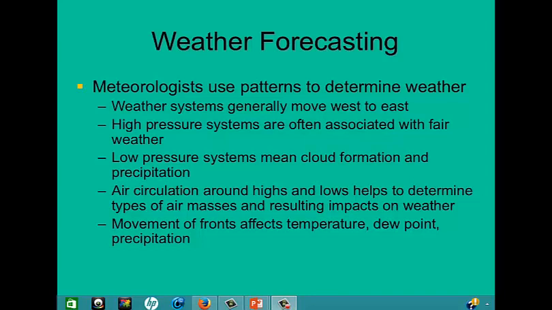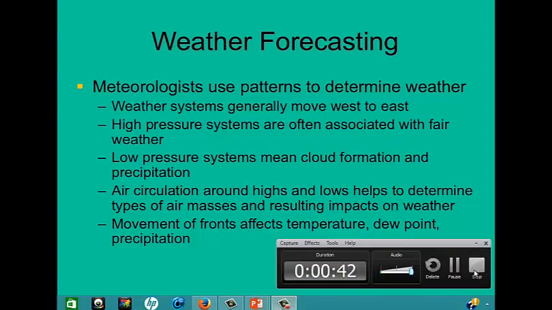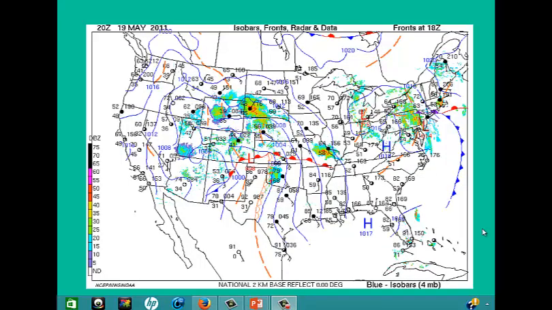Air circulation around highs and lows helps to determine types of air masses and the resulting impacts on the weather, and movement of fronts affects temperature, dew point, and precipitation. And finally, we'll be using weather maps like the one you can see in this diagram to help determine what sort of weather patterns will be forecasted for the next few days.